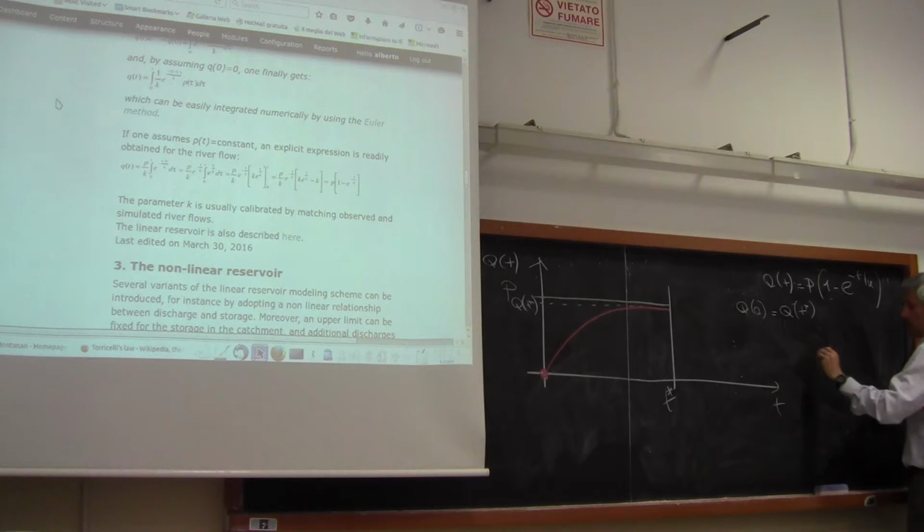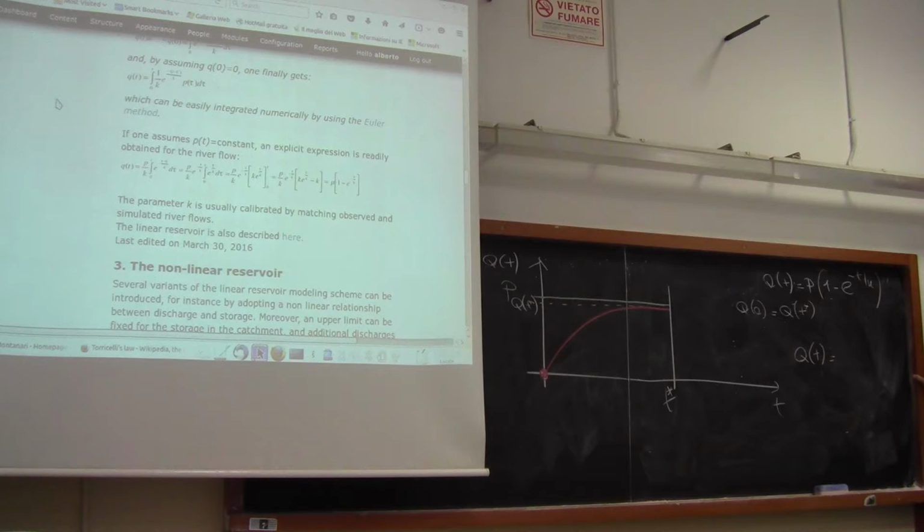If you go back to the previous representation of the model, not this one, the representation with the integral, you would say that the integral is 0 because there is no rainfall, and the river flow is given only by the development of the initial condition.